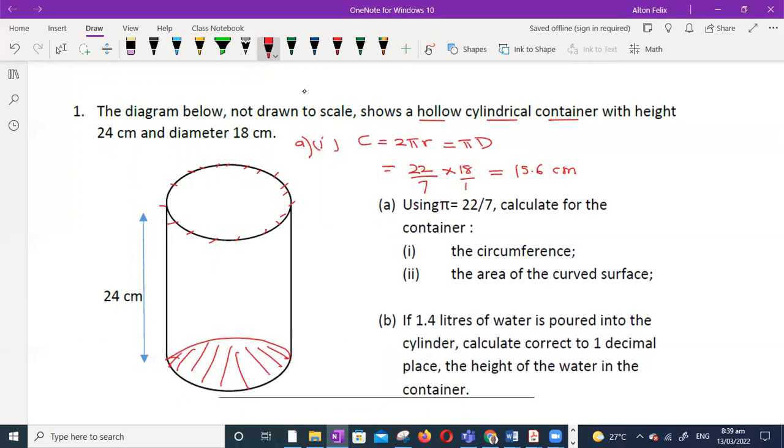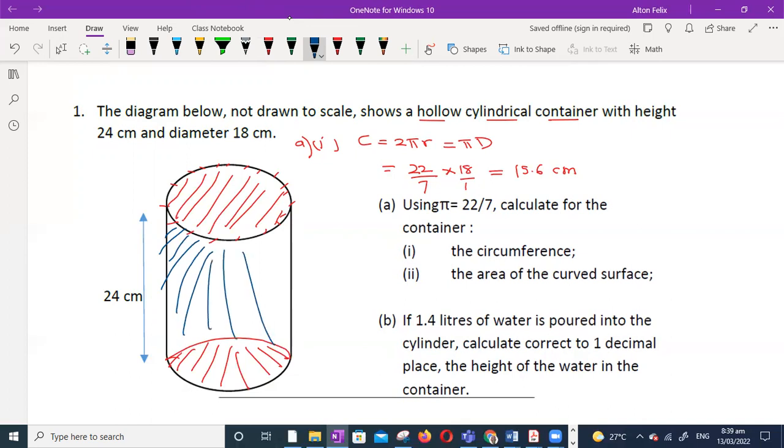And they didn't say if it was open, so we'll assume that there's a cover on top here as well. So we need to find basically the area of 3 parts of this cylinder. So we look at this piece here in blue, and then we look at the top and bottom shaded in red.